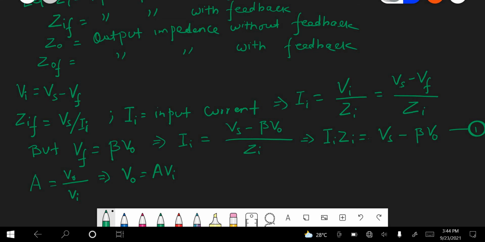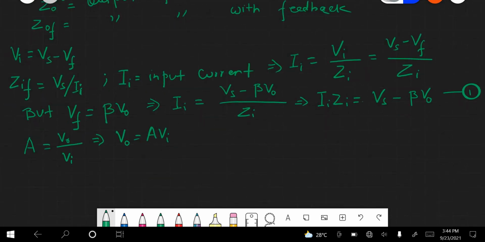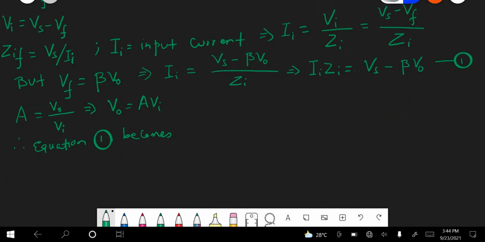So equation 1 becomes Ii times Zi is equal to Vs minus beta into A Vi, because V naught is equal to A Vi.